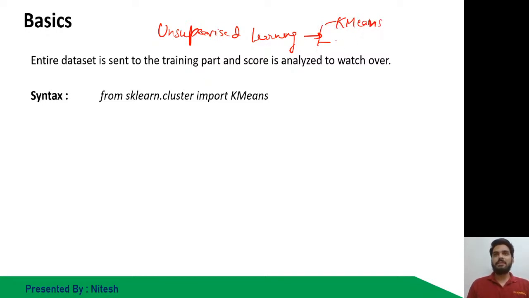Then we have DBSCAN. We also have one more method, which is hierarchical. We are going to cover K-means today, and the mathematics that works behind K-means. All of them have the distance formula on which they work. In batches, we take that session.